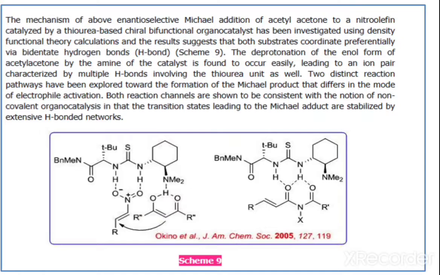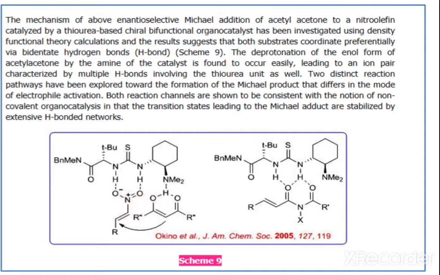Now this bifunctional organocatalyst, this 1,3-dicarbonyl compound and nitroalkene, how they react. It is investigated using density functional theory calculation, and the results suggest that both the substrates coordinate preferentially via bidentate hydrogen bonds. This is hydrogen bond.